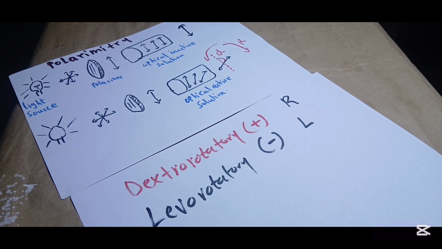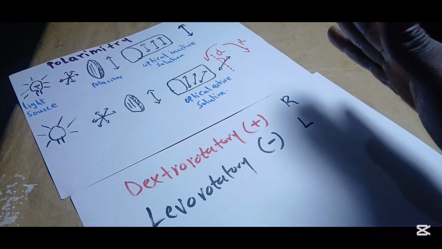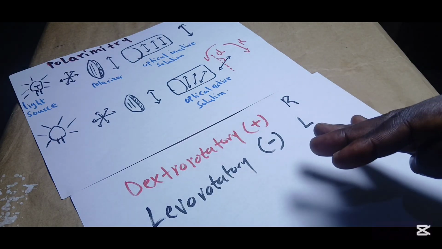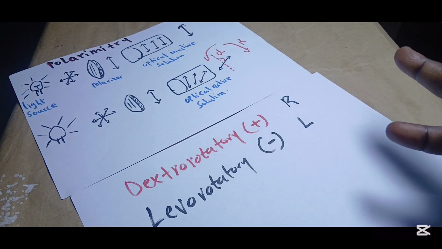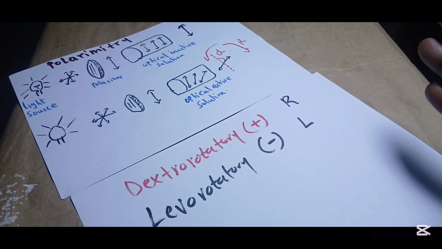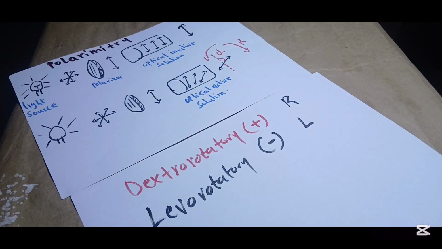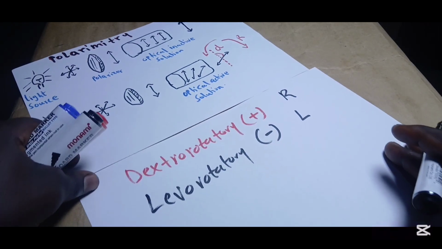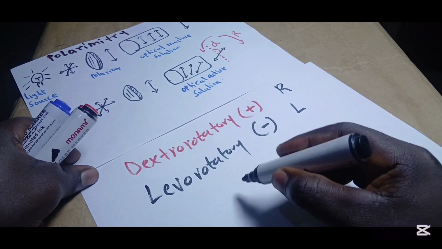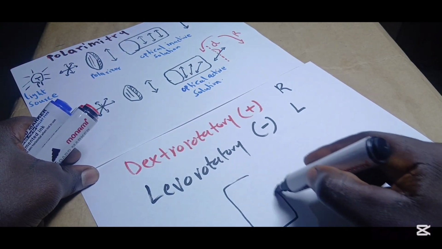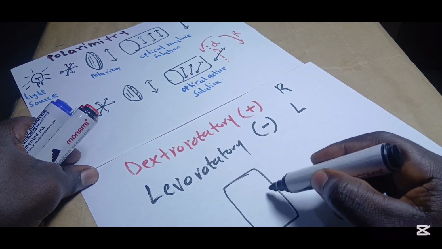If you pass a beam of polarized light into a chiral solution, the beam of light is going to form an angle either to the right or to the left, depending on the nature of the solution. Previously, we made mention of enantiomers because this solution is going to contain its enantiomers.